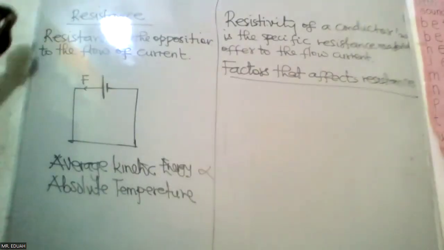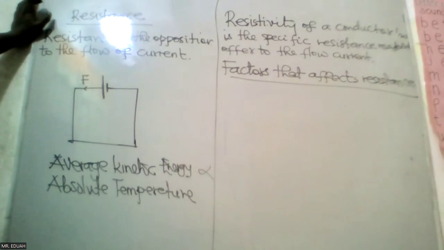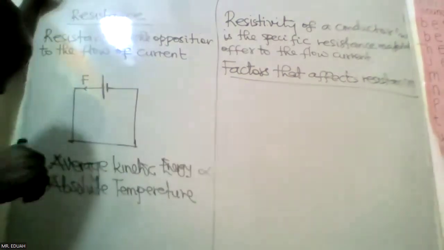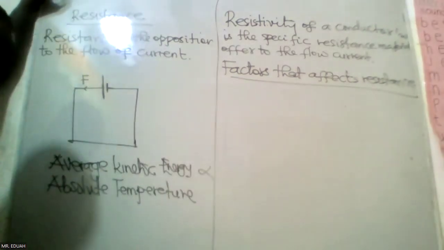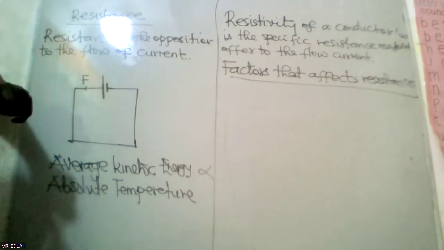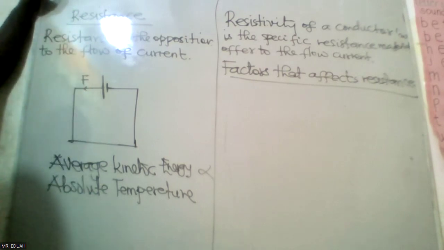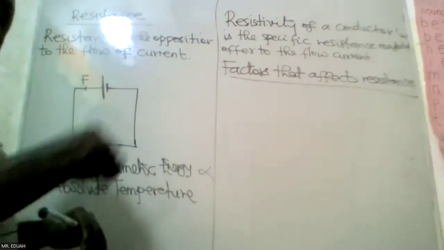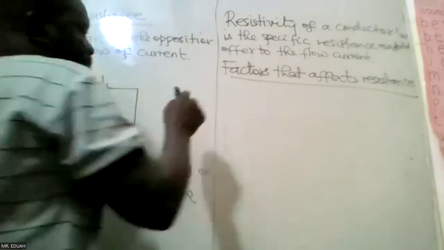Factors that affect resistance. We've talked about temperature. Increase in temperature, of course, increases resistance in a metallic conductor. So aside from temperature, let's talk about the physical factors.